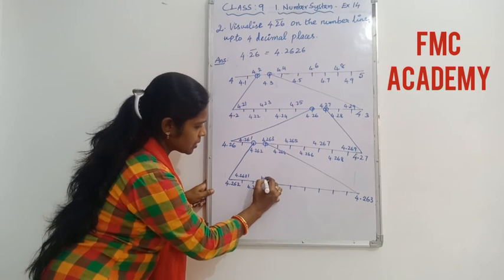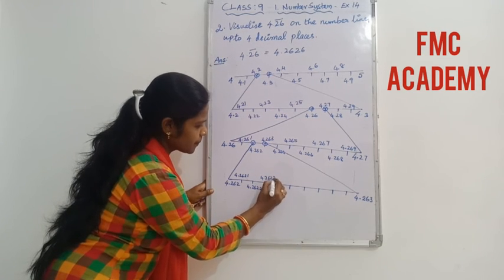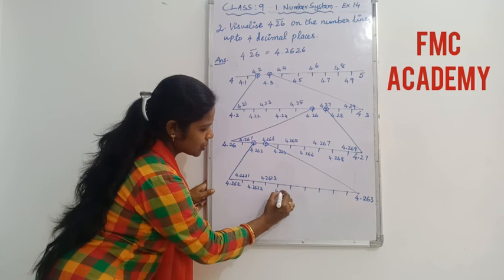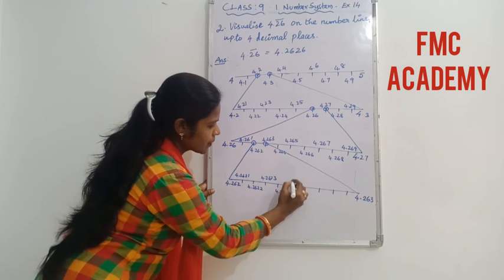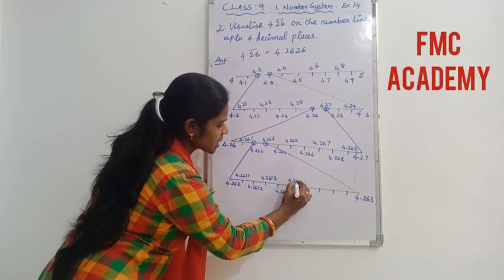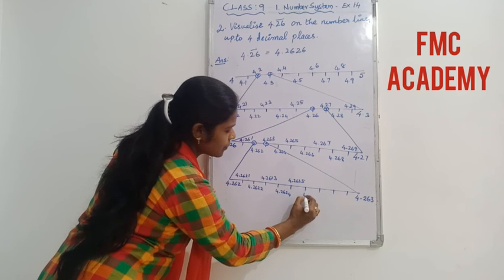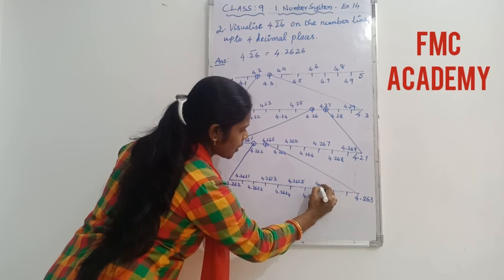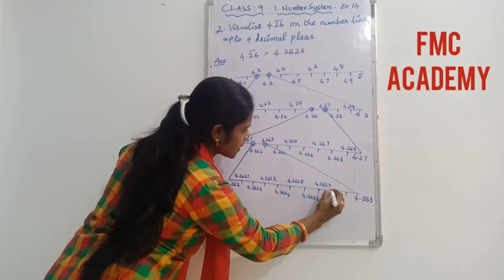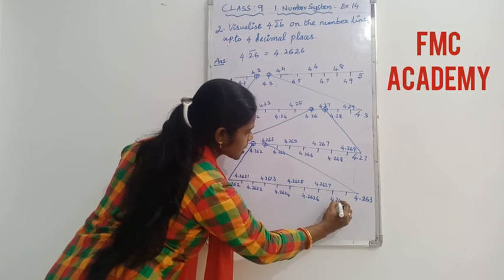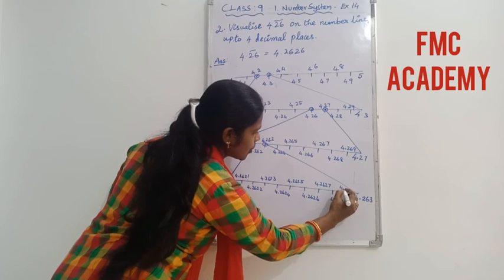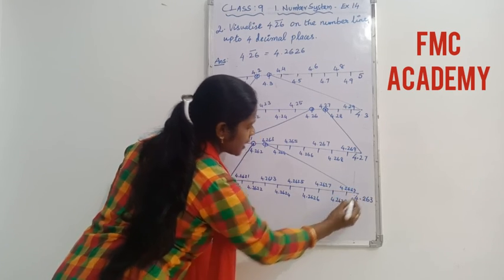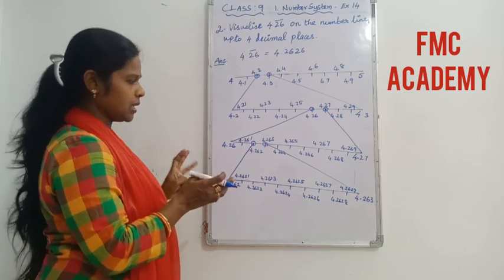Then 4.2623. Then 4.2624. Then 4.2625. Then 4.2626. Then 4.2627. 4.2628. 4.2629.